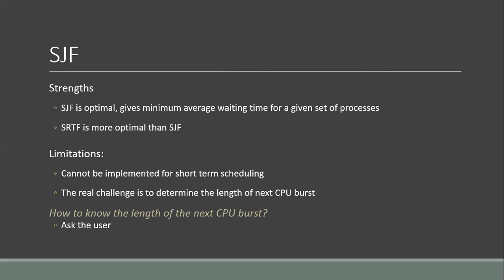And in a batch environment, a user is required to submit his job for execution to the operator. So when a user submits his job for execution, the user will specify how much time this job will need on the CPU.